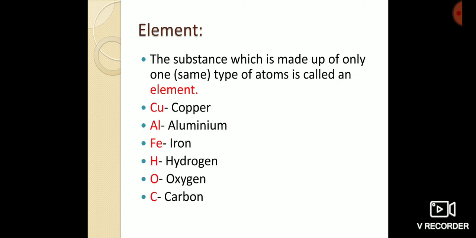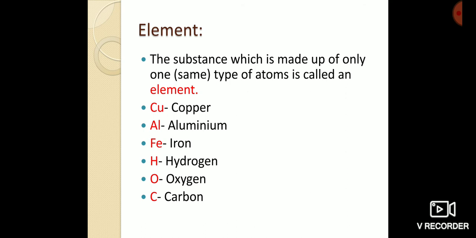Next is the element. An element is a substance made of the same type of atom. There are around 118 different elements. From that, 94 of the elements are natural elements and others are synthetic elements.